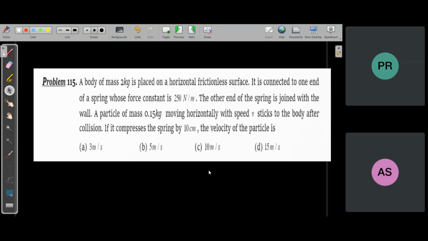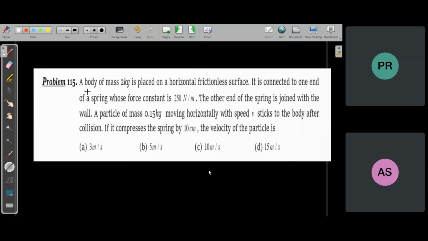Sir, 15, sir. Yes, tell me. D, sir. Okay, can you just explain the process, what you did? Sir, we have conservation of momentum.